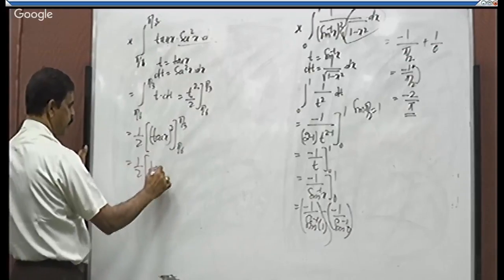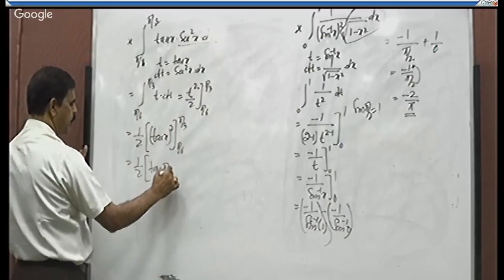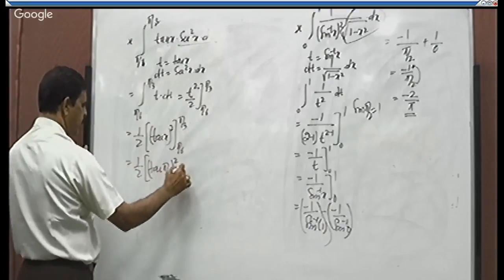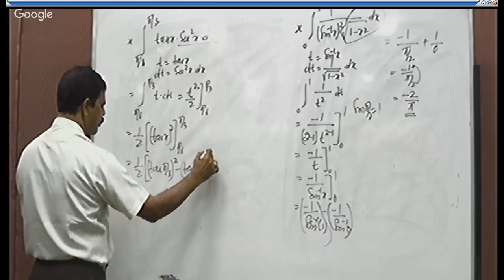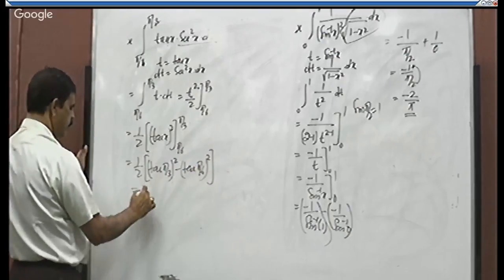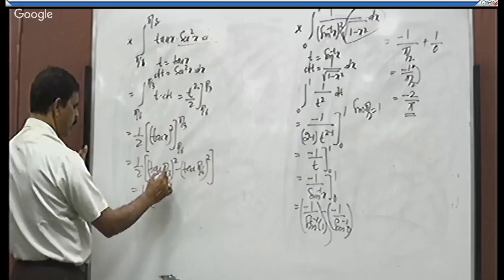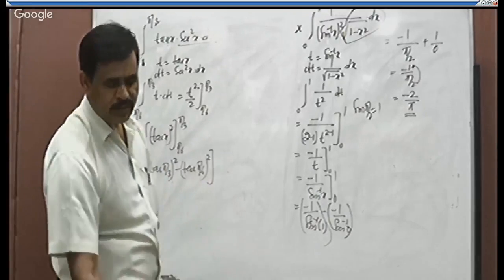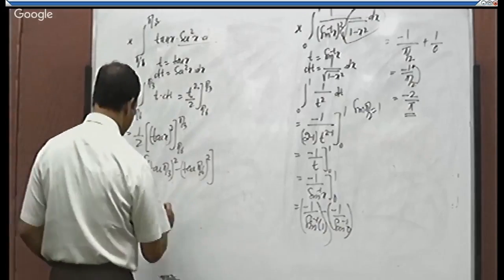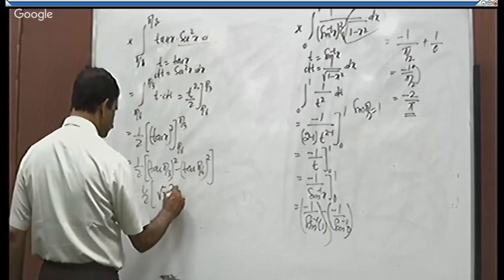Pi by 6 to pi by 3, or it is 1 by 2 into (tan of pi by 3) whole square minus (tan pi by 6) whole square. It is 1 by 2 into tan pi by 3. Tan 60 is equal to root 3, right? Root 3 square.